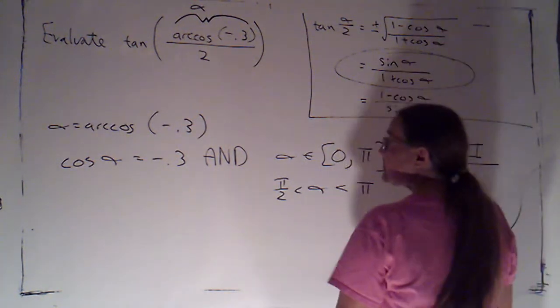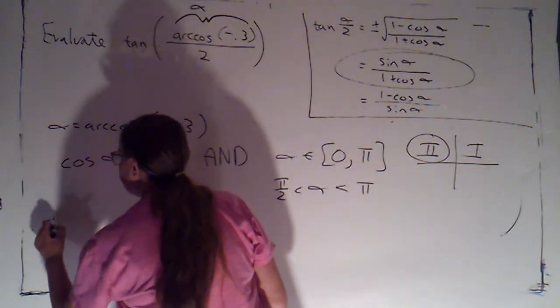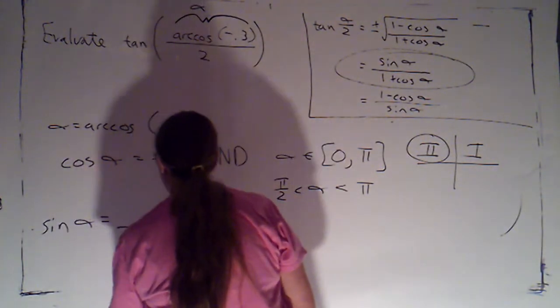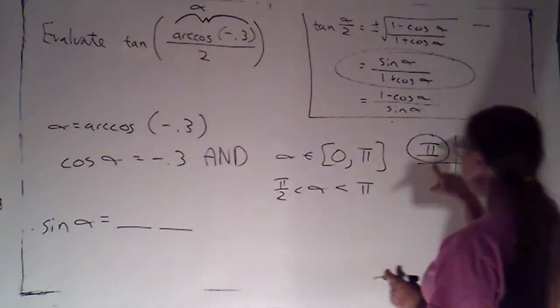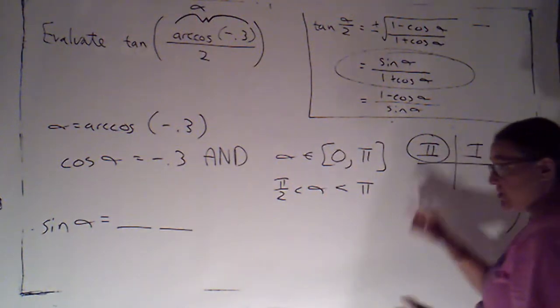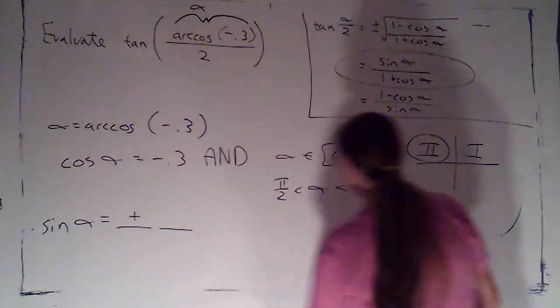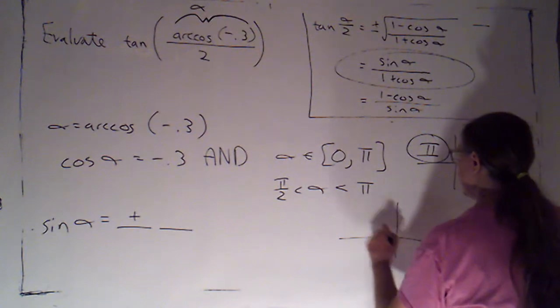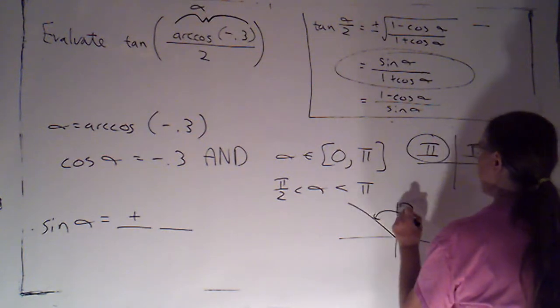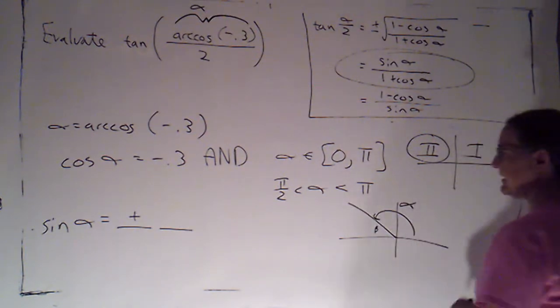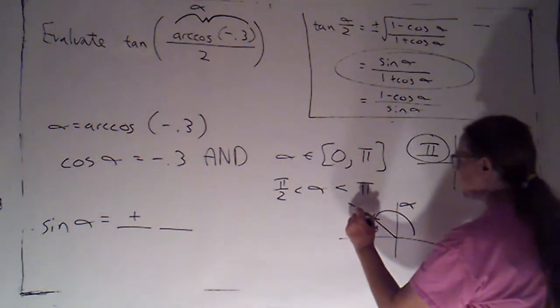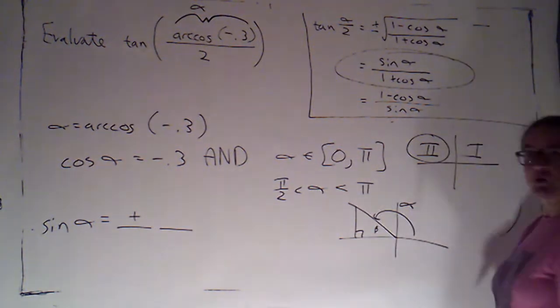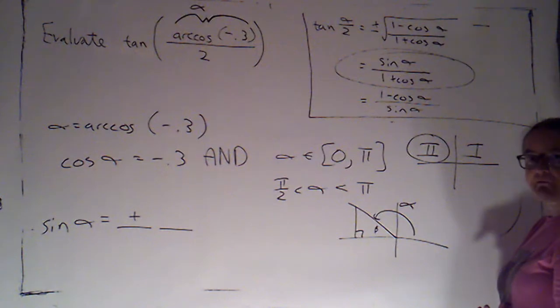Okay, so we're looking at evaluating sine of alpha, which is going to be our two-step process. Since alpha is in quadrant 2, sine will be positive, and my picture looks something like this. There's my alpha. I'll use beta as my reference angle. Okay. And I'm just going to draw in the right triangle that I get for that reference angle.